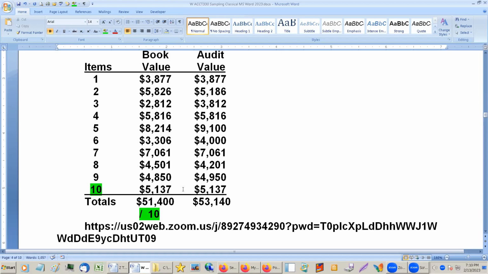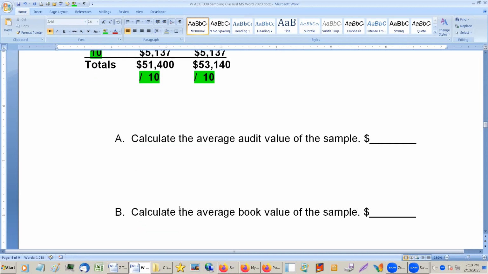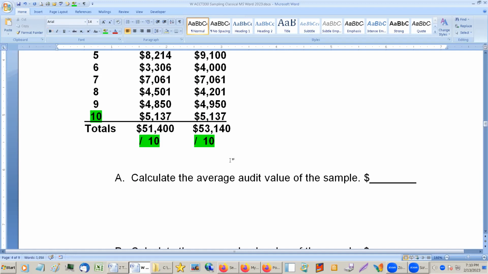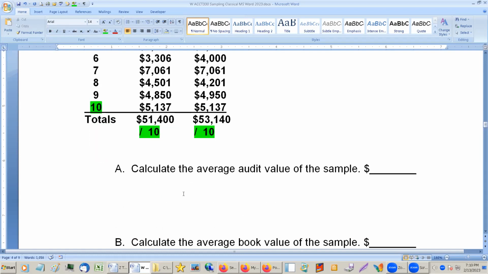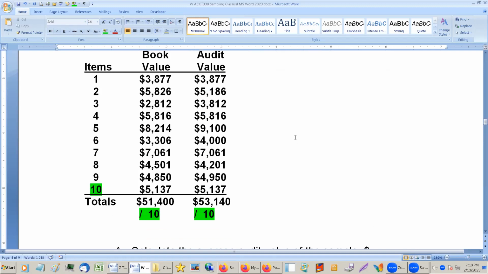Okay. So the book value was 5,040, the average.